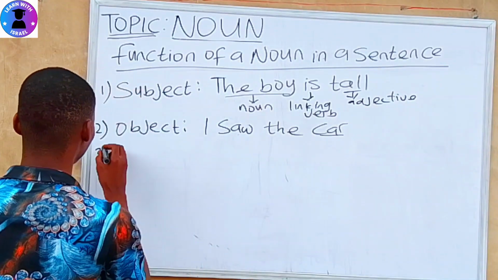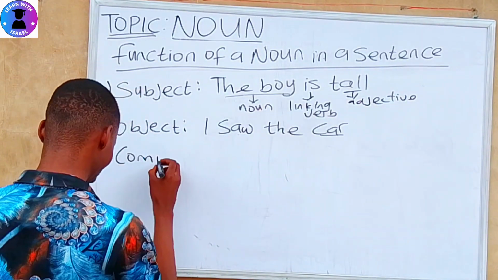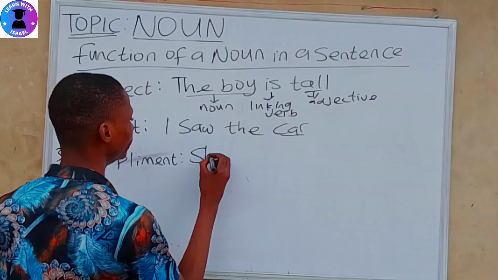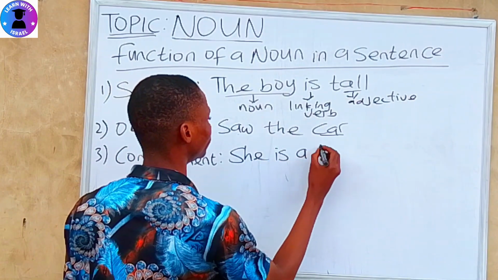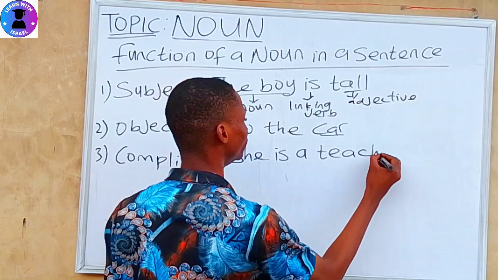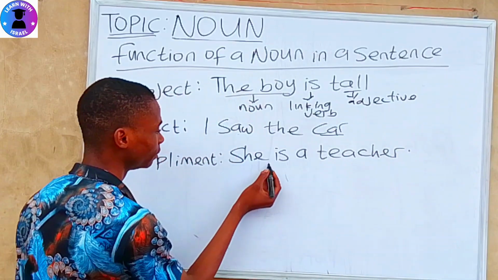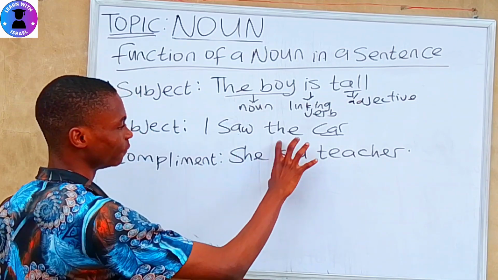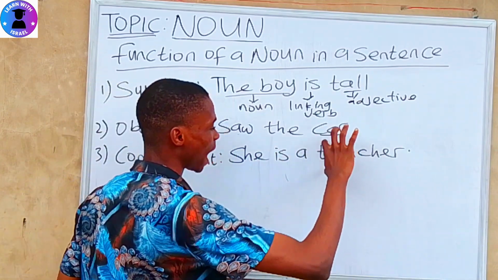The next one we have is complement. She is a teacher. This she is a pronoun. Is is a linking verb, linking she and a teacher.